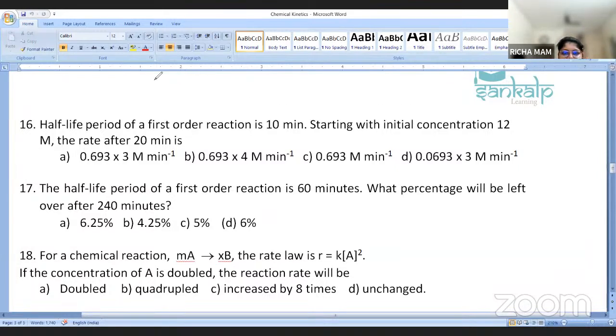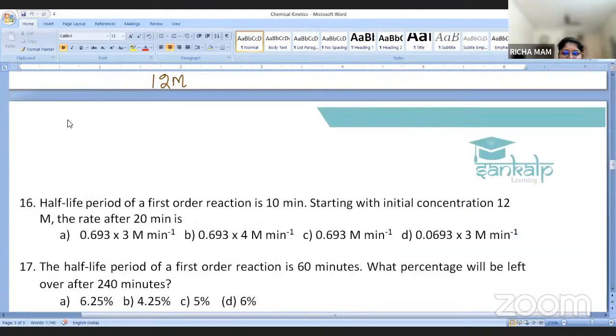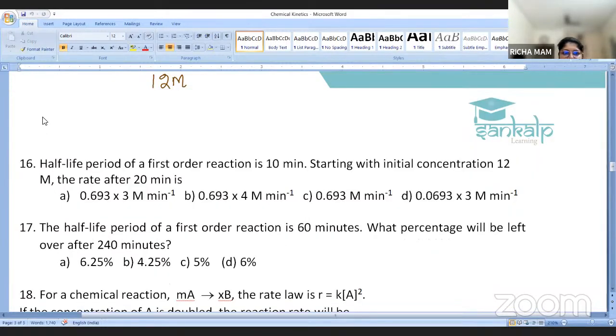So the initial concentration is 12 molar. After T half, how much will it be?